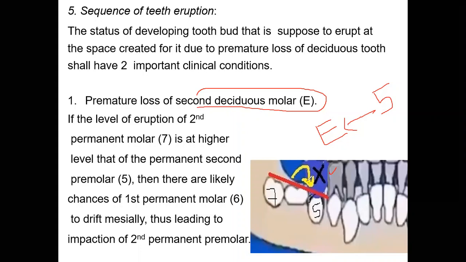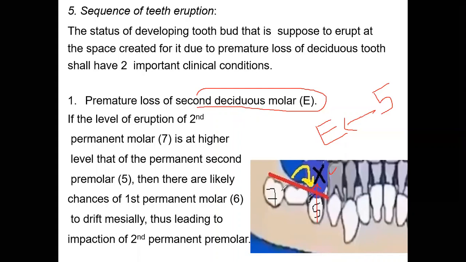So here the E is exfoliated early due to any reason. And we know that this space will in future be occupied by the eruption of our second permanent premolar.